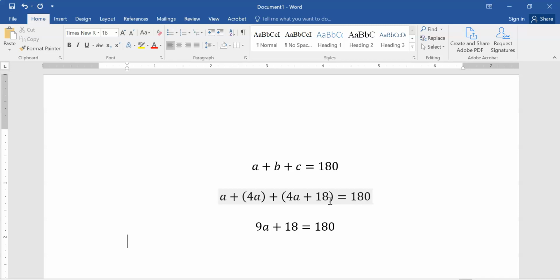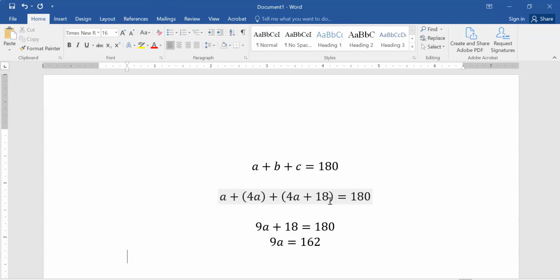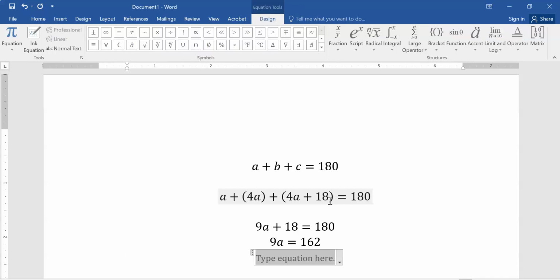Obviously, we'd take 180 and subtract 18 from both sides. So we get 9A on the left-hand side, and on the right-hand side, I get 162. Lastly, I divide both sides by 9, and I come up with A is equal to 18.